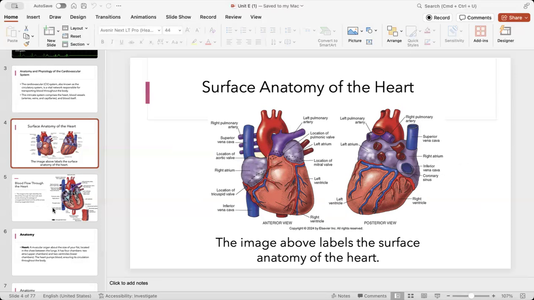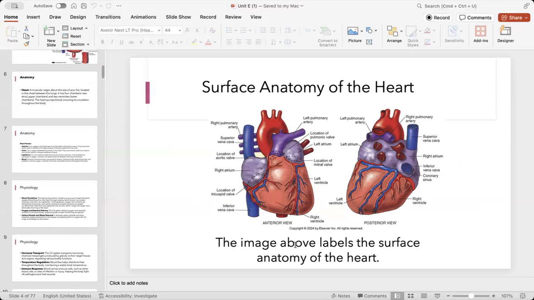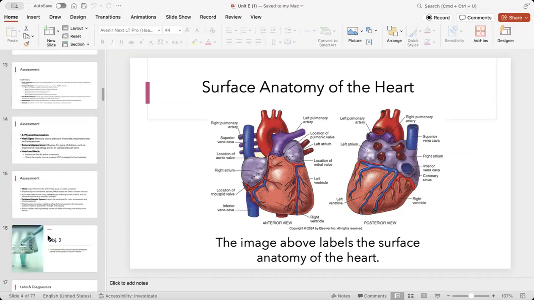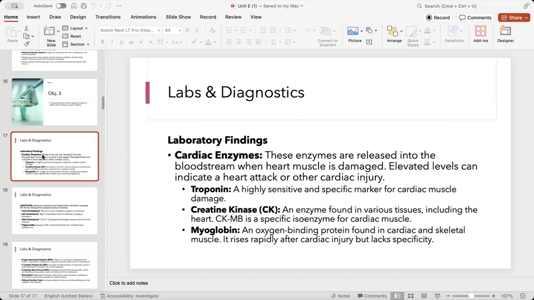So when that happens, the tissue, just like it would in the peripheral system, the tissue past the point of that blockage is going to die. You're going to have injury to the muscle because it's not getting any blood flow. So what the troponin is measuring is if there's ever been any damage to those muscles because of a lack of blood flow.